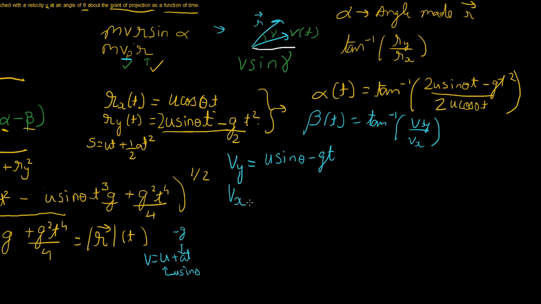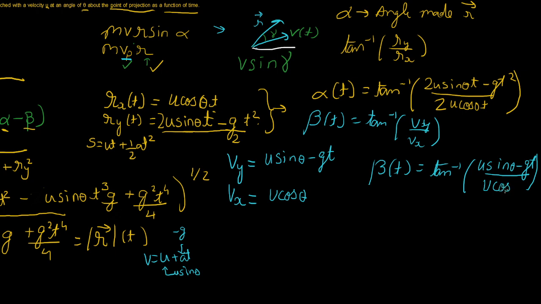Now what is Vx? For a projectile, if there is no air resistance, and we are assuming no air resistance in this case, the horizontal component of the velocity always remains constant, which is u cos theta. Vx is always u cos theta; it doesn't vary with time. So beta as a function of time is tan inverse of (u sine theta minus gt), that is Vy, divided by Vx, which is u cos theta.